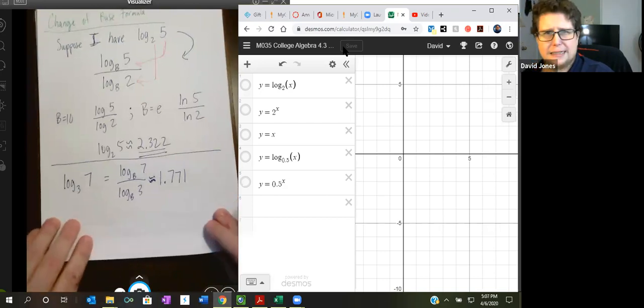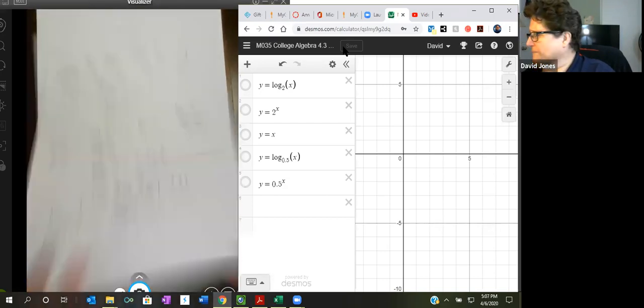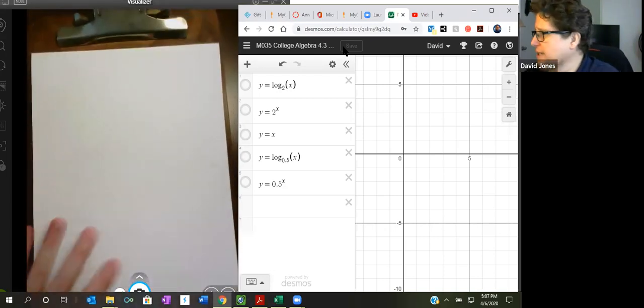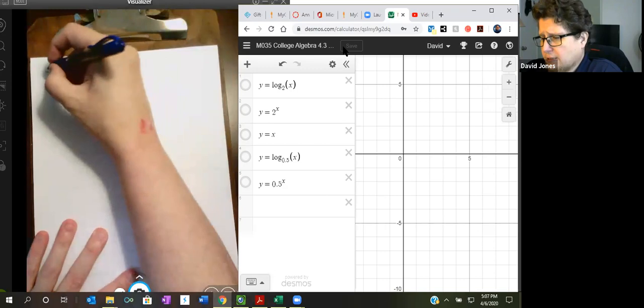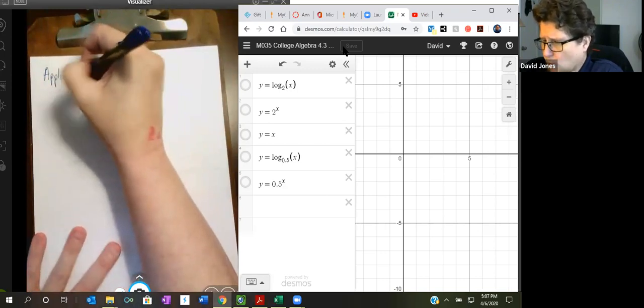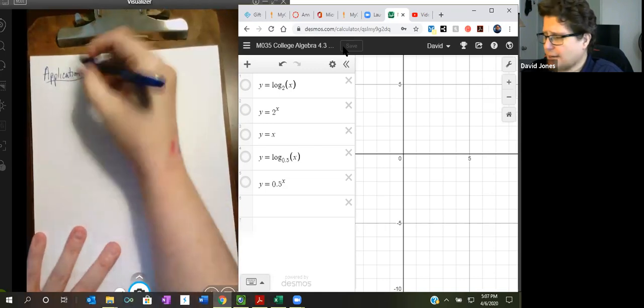So let's look at some examples they use in this section. They're going to ask you problems that involve the pH system from chemistry. So applications. One is physics, one is chemistry. Chemistry one.